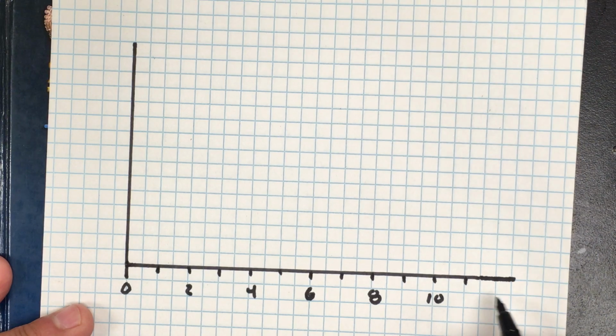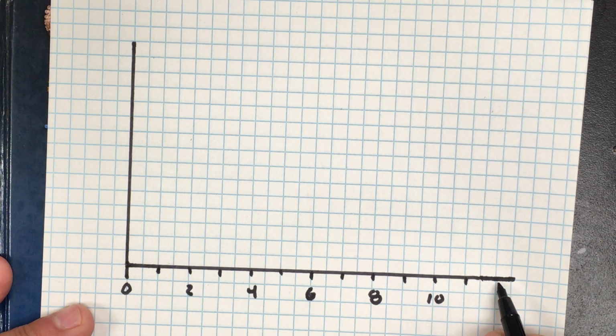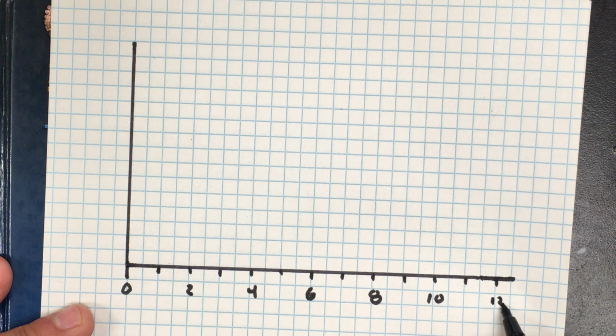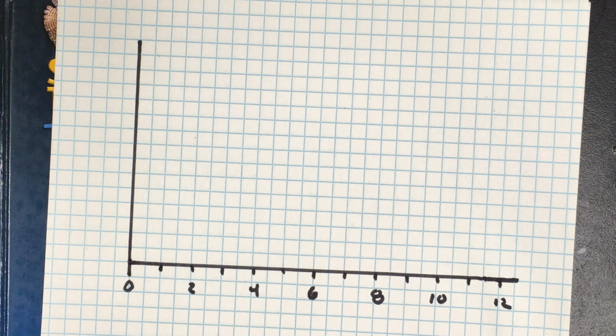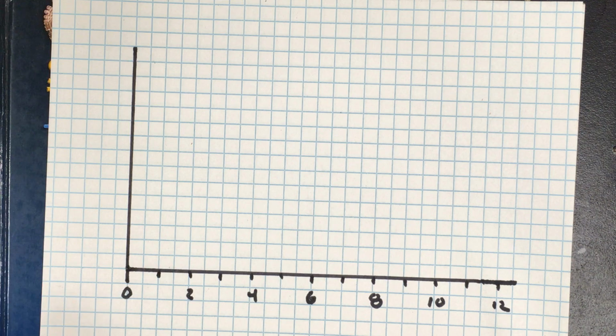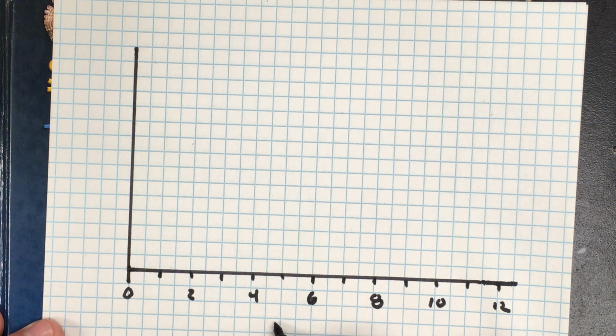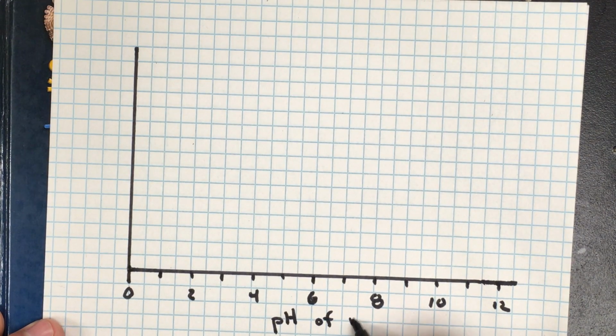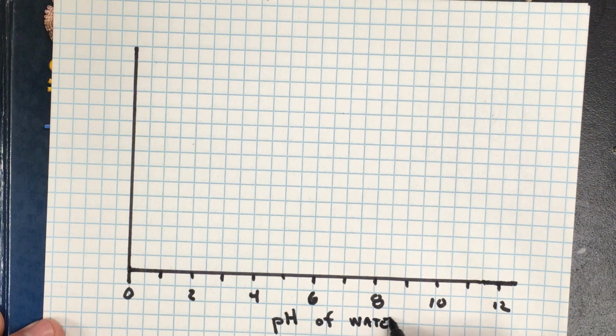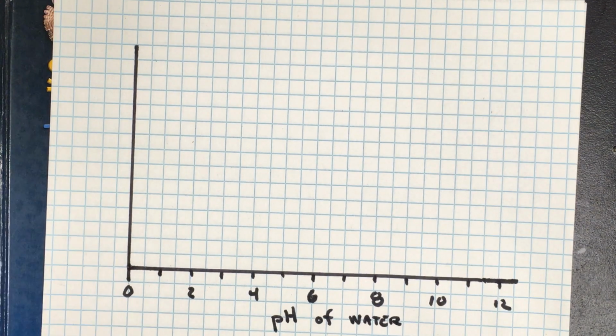Use your ruler. That should be fine. I'm going up to 12. Now, let's go ahead and label this axis. pH, lowercase p, uppercase h, of water. There's no unit for pH.